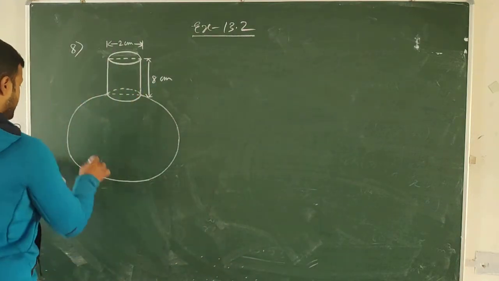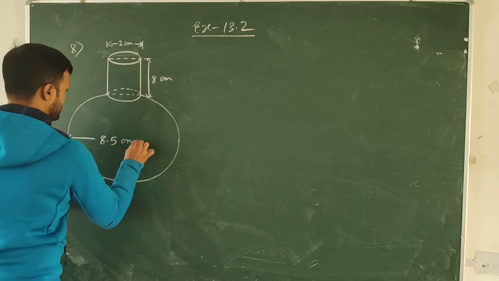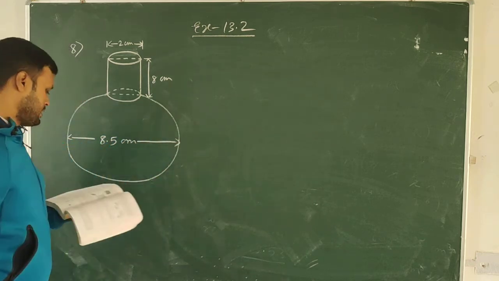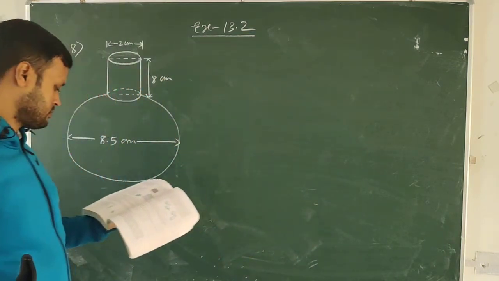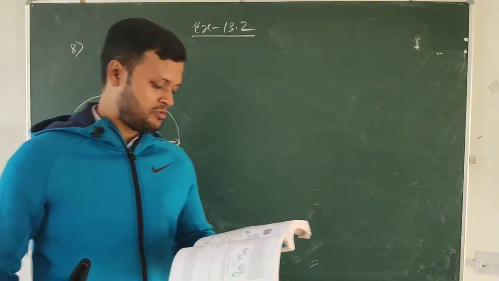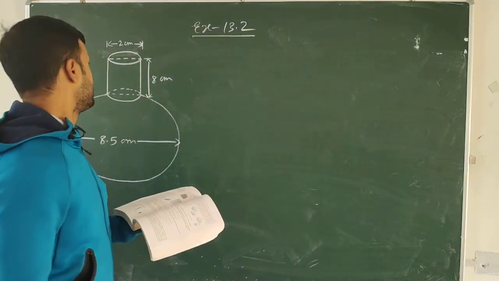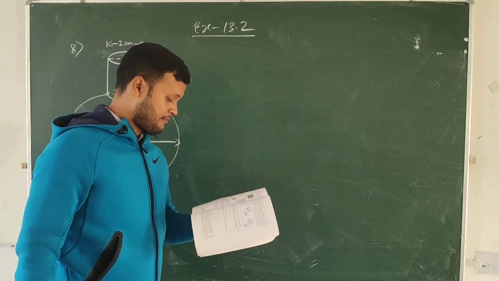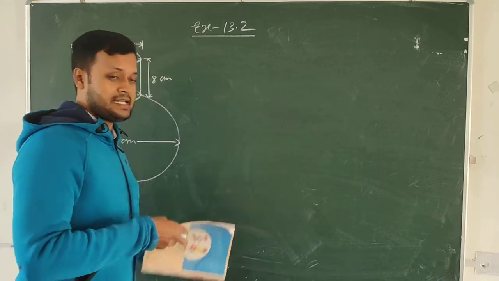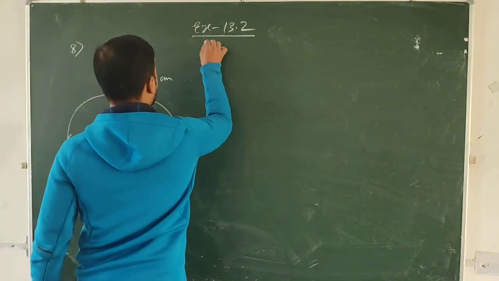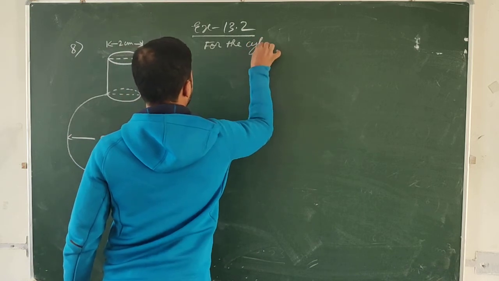The diameter of the spherical part is 8.5 centimeters. Now, a child has measured the volume to be 345 centimeters cube. Let us see whether the child is correct or not. So, for the cylinder.